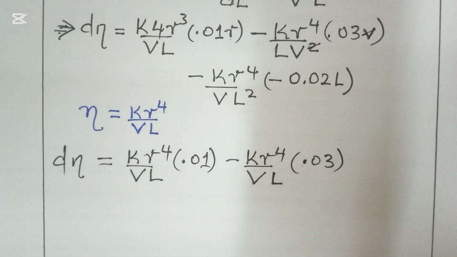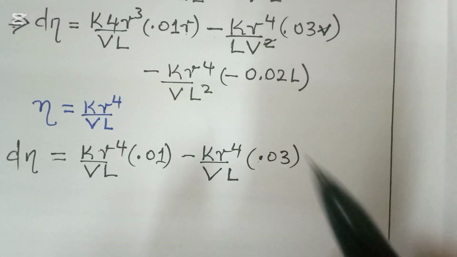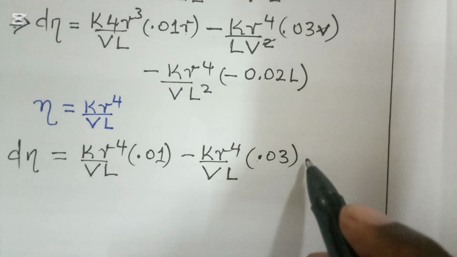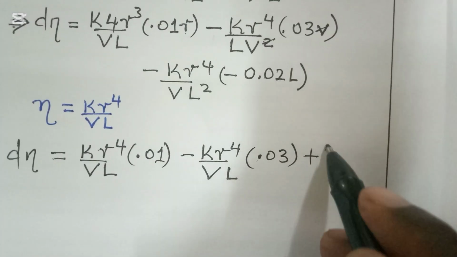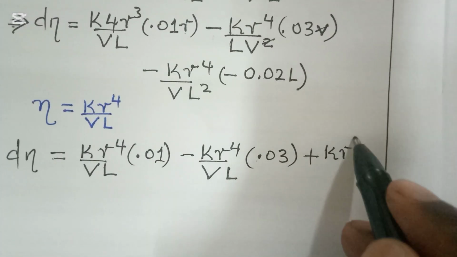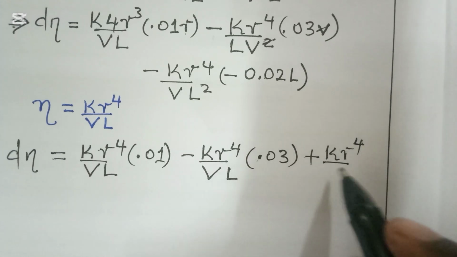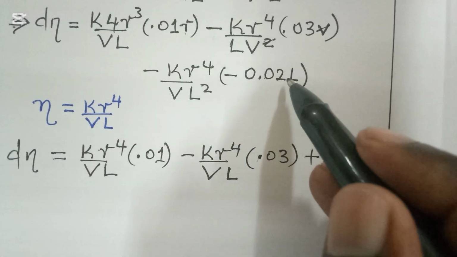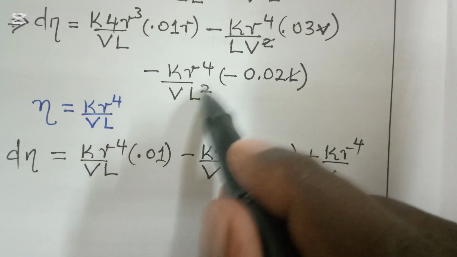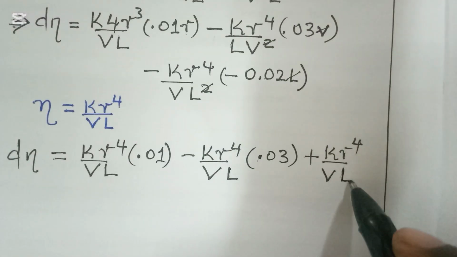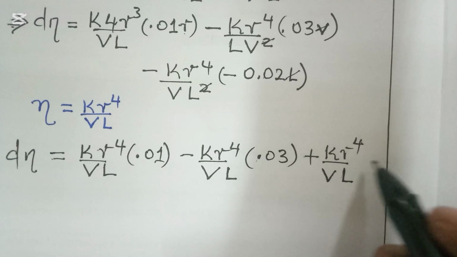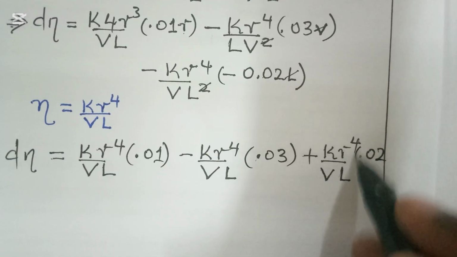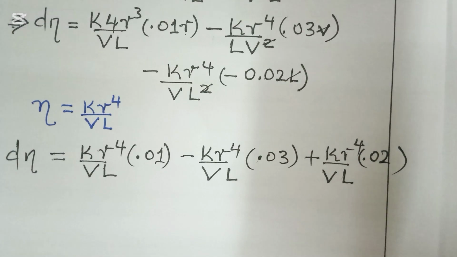Finally, we are going to have a plus because this and that is plus. We have K R raised to 4 all over, and now V can cancel, and one of the L here. So here it's going to be 0.02.